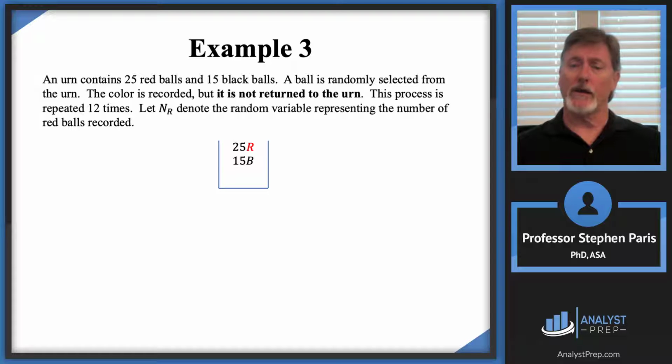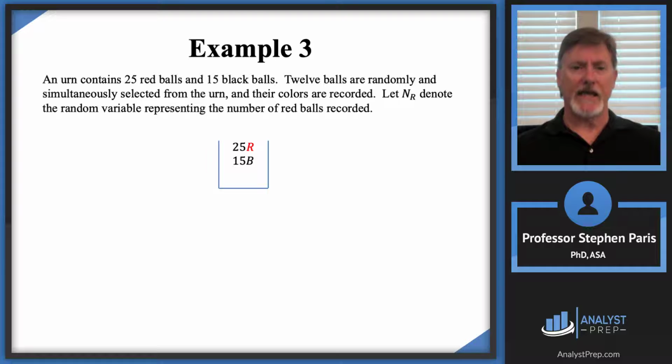We talked about an example like this in the previous video, the replacements examples video. We showed that mathematically, when you take a ball from the urn, record its color, don't return it to the urn, and then select another ball, this is exactly the same as taking 12 balls out of the urn at one time.